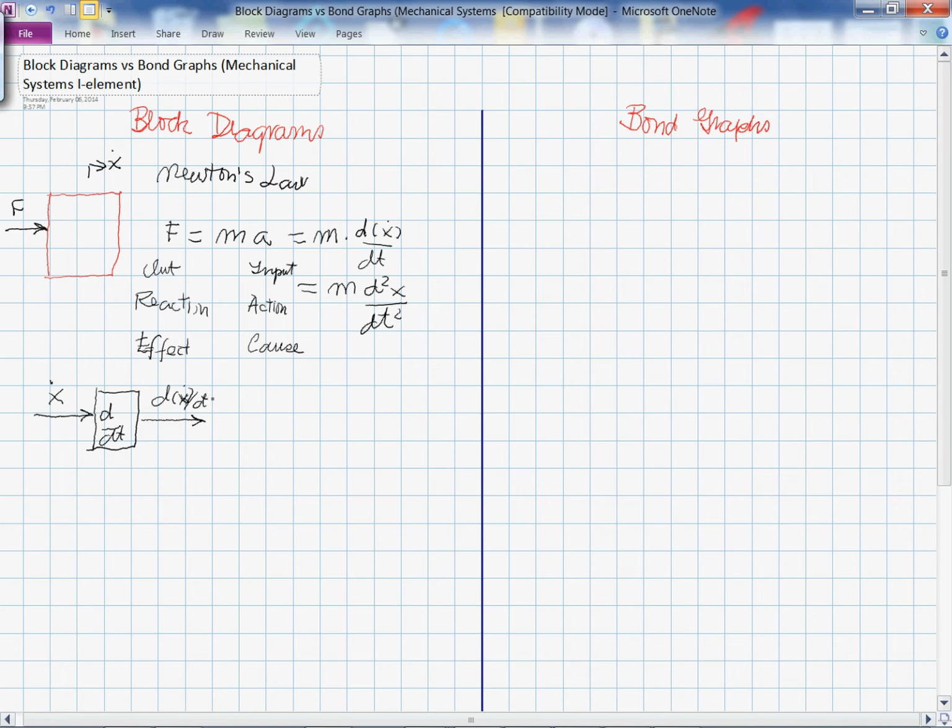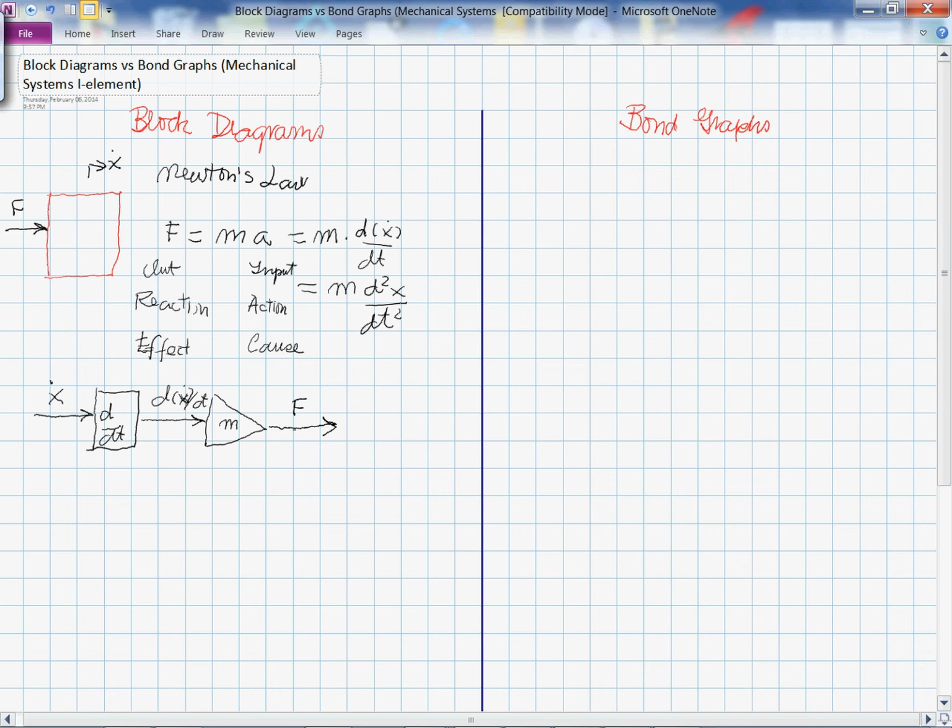After this we multiply by this m, and the result of this is going to be this force.